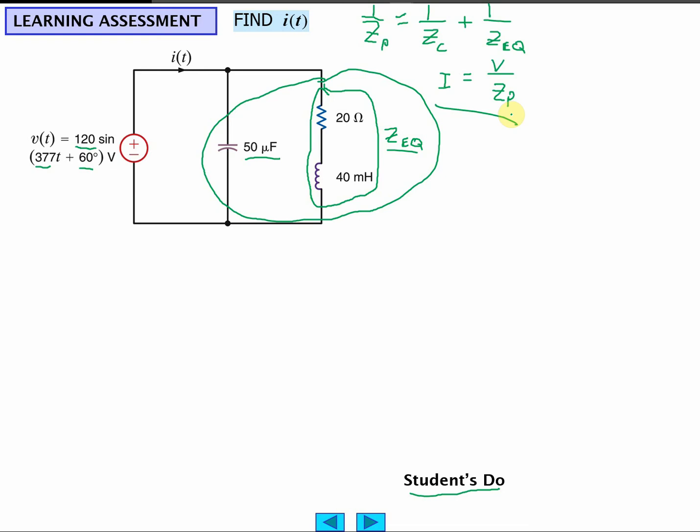Coming back from the pause, did you get the answer? Let's figure out what that answer is. So a couple things. The omega 377 voltage is written in phasor notation. Watch out for the signs.